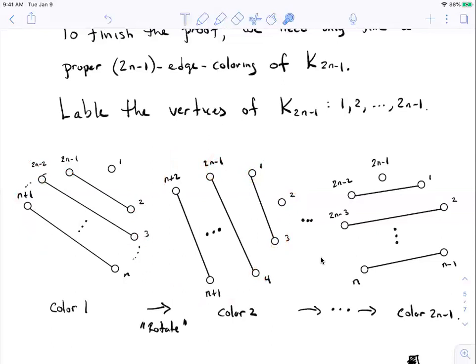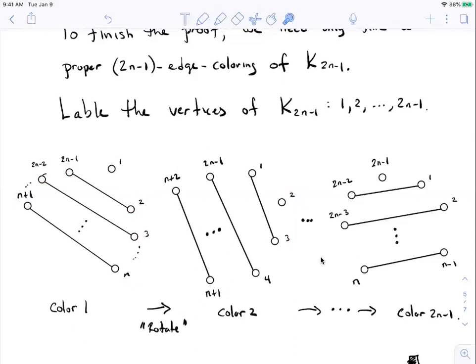They'll pair up perfectly. Give that color 2. Keep doing that. Leave out vertex 3, leave out vertex 4. Go all the way around until you've left out the last vertex, and you'd be assigning those edges color 2n minus 1.